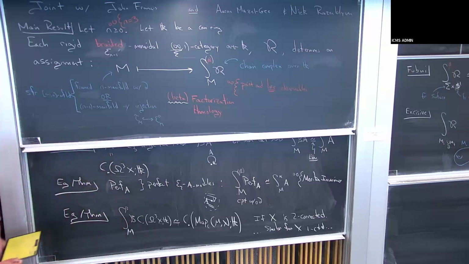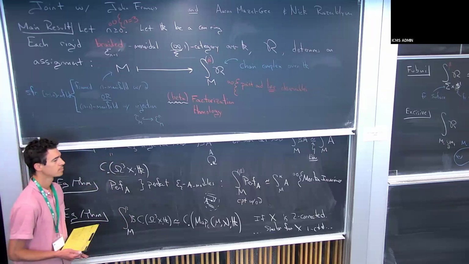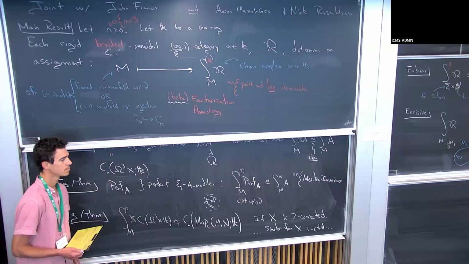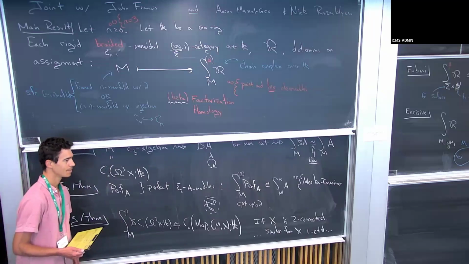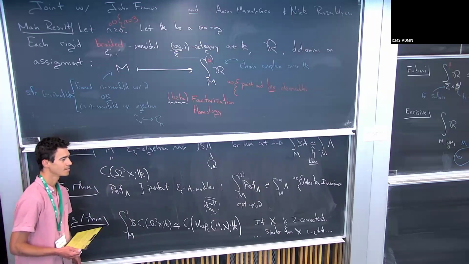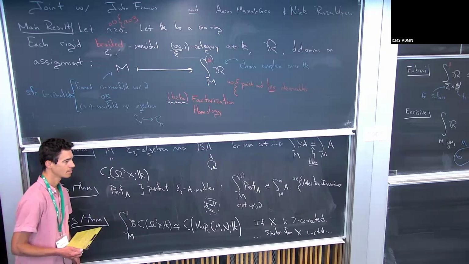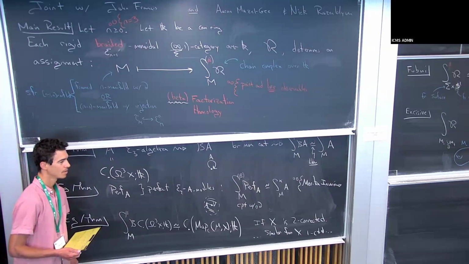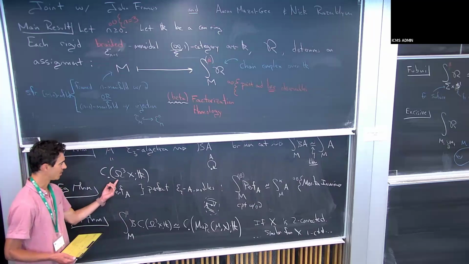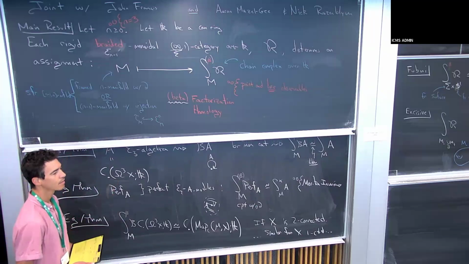So this example of triple loops looks like a monoidal center of something. Or not monoidal, two-monoidal. It looks like the center of Omega 2 X. Right. So can it be made more general?